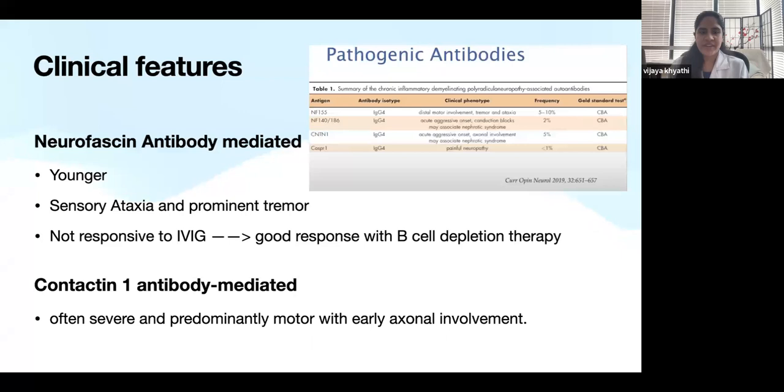Contactin antibody-mediated is also more severe. It is often severe with predominantly motor involvement, and it is associated with nephrotic syndrome. The treatment is similar to that of neurofascin antibody-mediated; it is more responsive to B-cell depletion therapy.